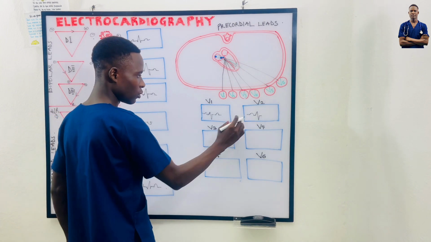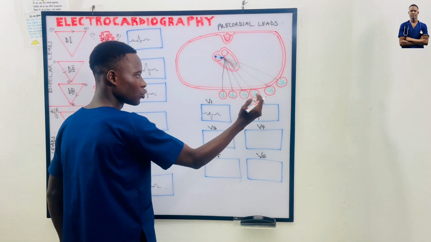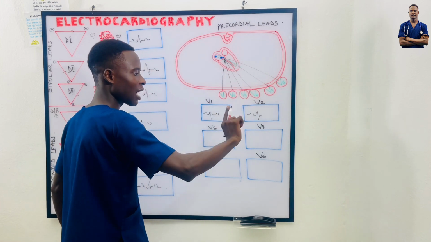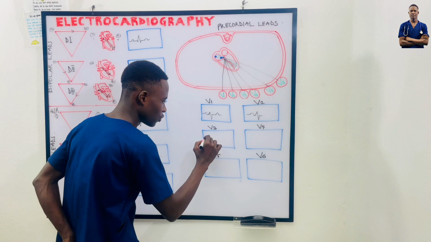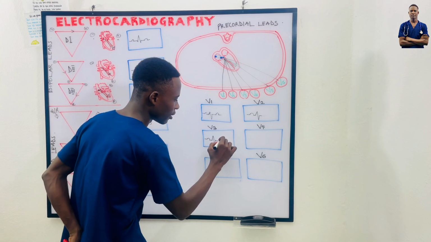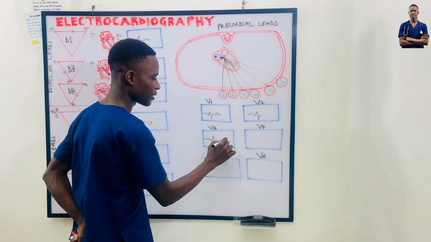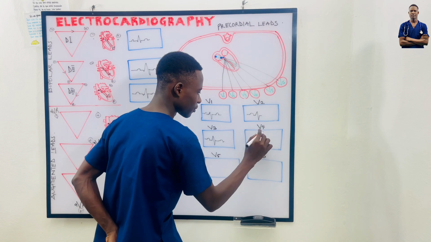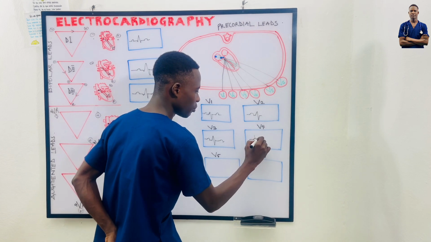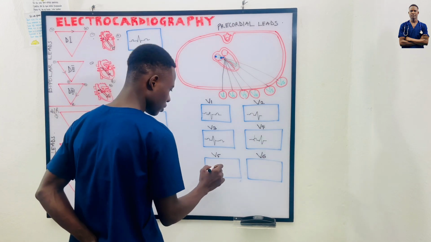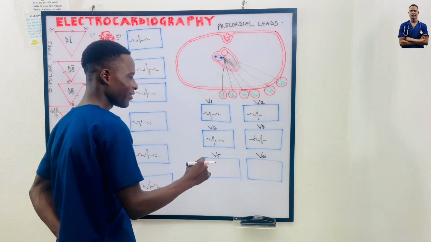Now, let's come to the V3. The V3 too, as we are moving from 1 to the other numbers, the R will be increasing. So for that one too, it will be higher than the rest. This one too will have the same thing. We have our P, our QRS complex. And then when you come to the V5, it will be higher.